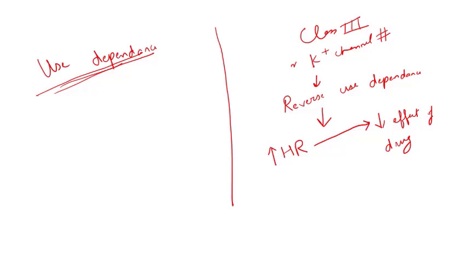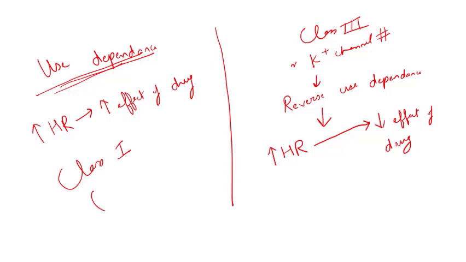So what do you mean by use dependence? Increase in heart rate means increased effect of the drug. And use dependence is the property of class 1 antiarrhythmic drugs, that is sodium channel blockers.